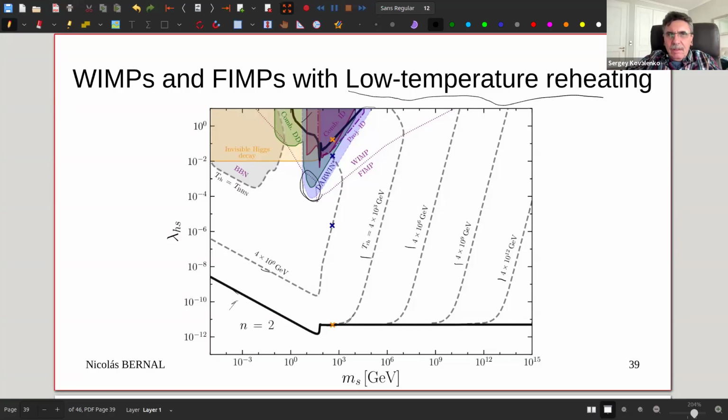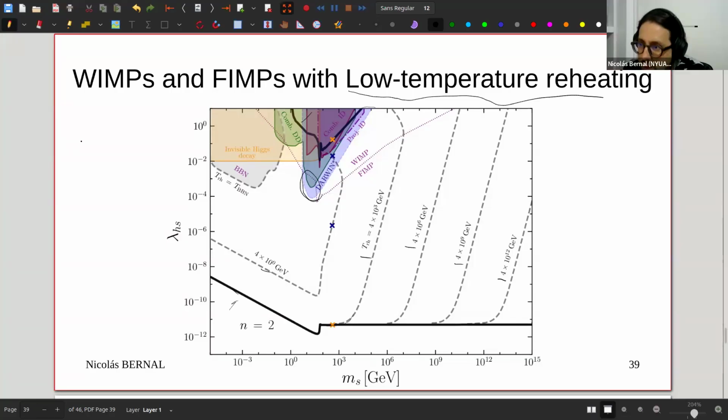Yes. So what I'm really assuming here is the equation of state omega of the universe during reheating. So that's one thing. The other is how the scaling of temperature, a parameter, alpha, whatever.